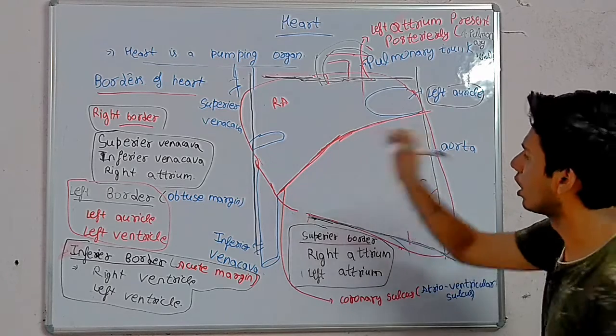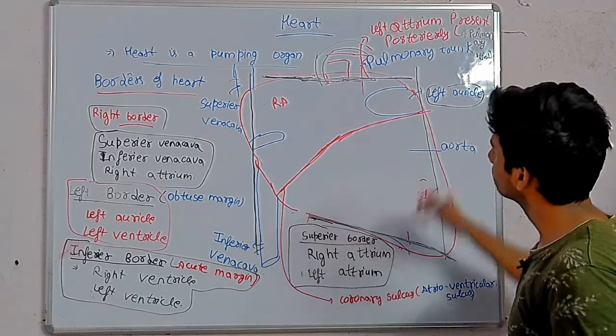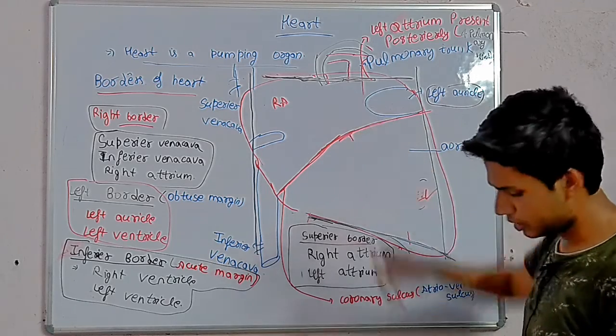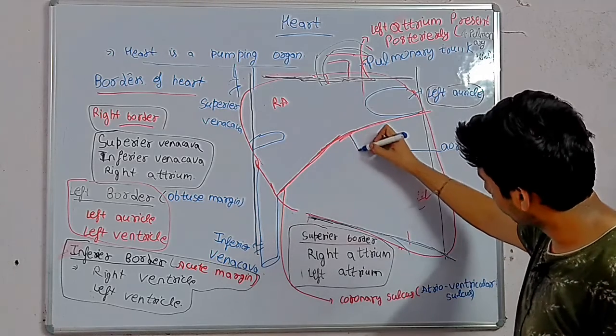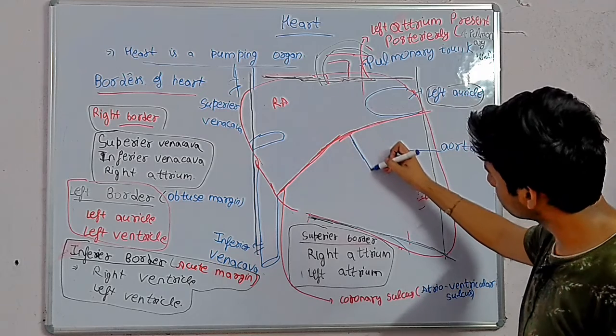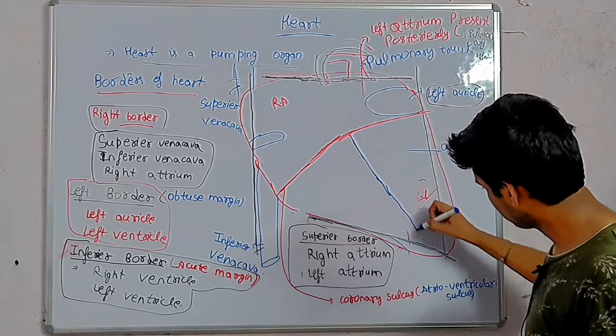This covers the whole heart. And there is another sulcus. This circle separates atrium and ventricle, and another sulcus is present like this.